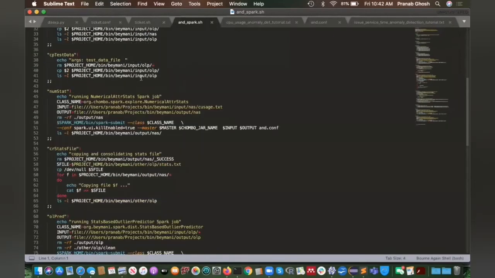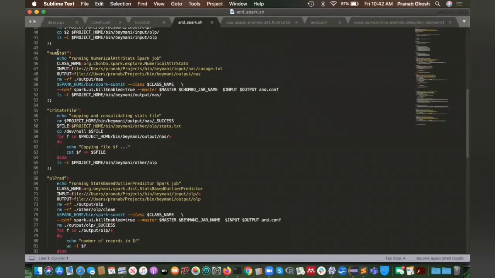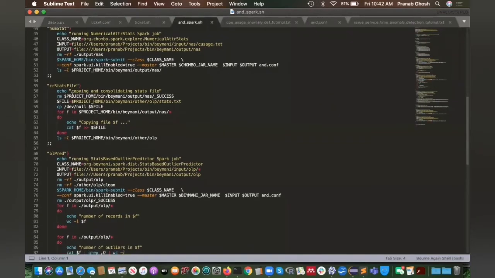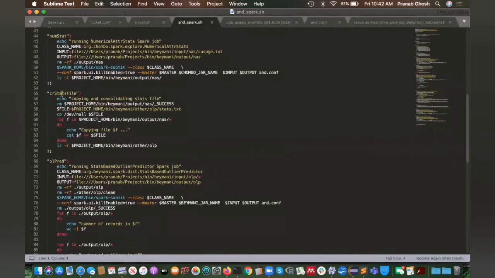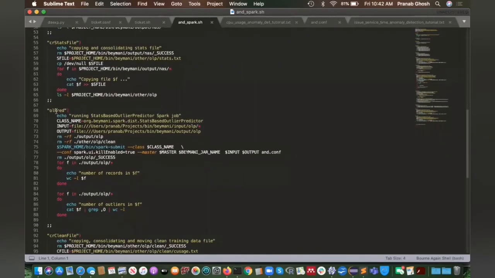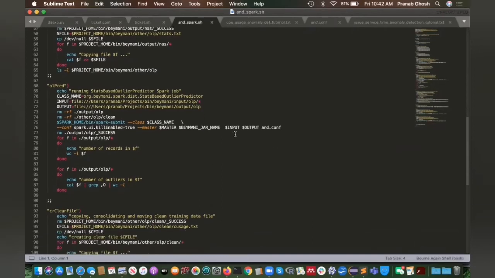So for example, you run this one for all the stats. Then you consolidate all the output from this into one stats file using this command. And then you run this one for doing the prediction. Again, the data is prepared the same way. We generate the test data, then we artificially insert some outliers, and then we run the predictor.